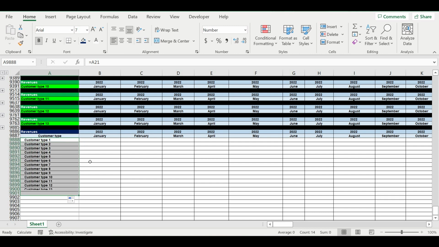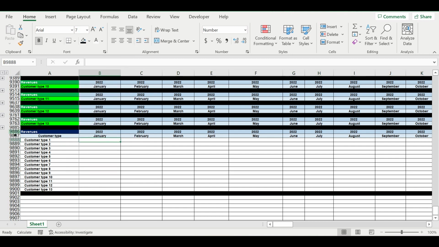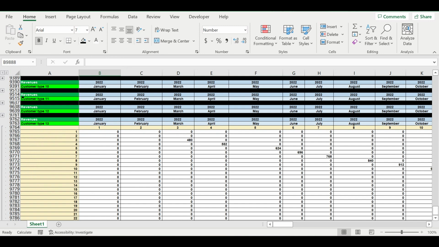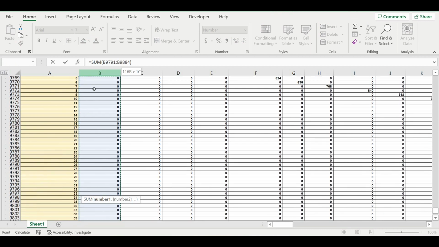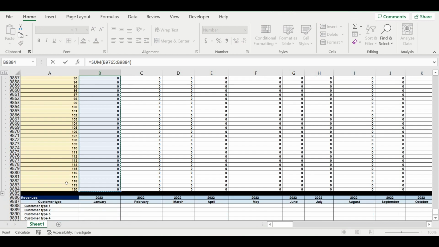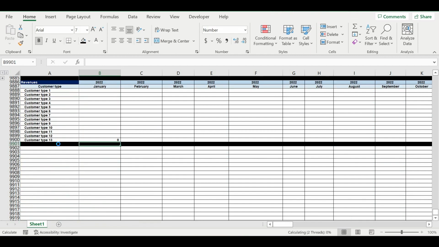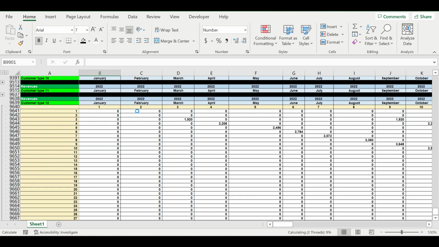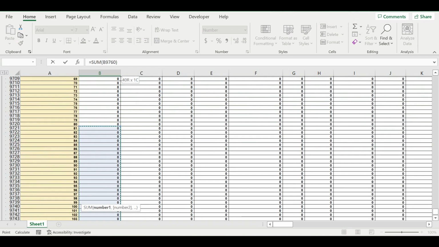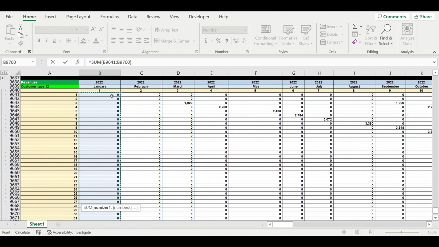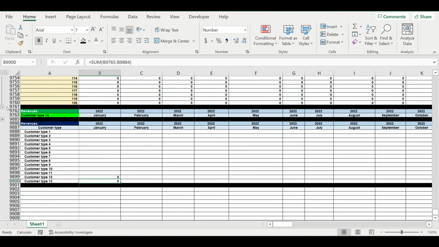So this will be the totals for number 13. Number 12. Number 11.